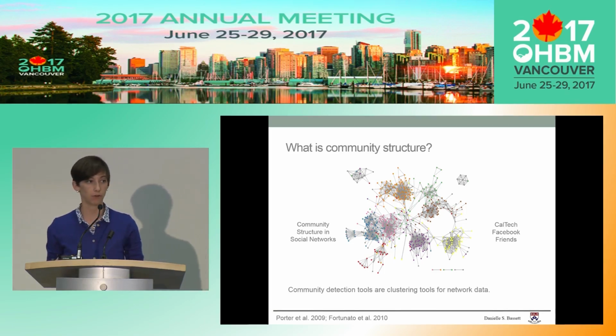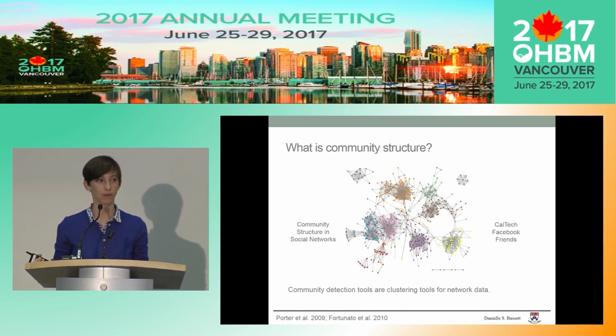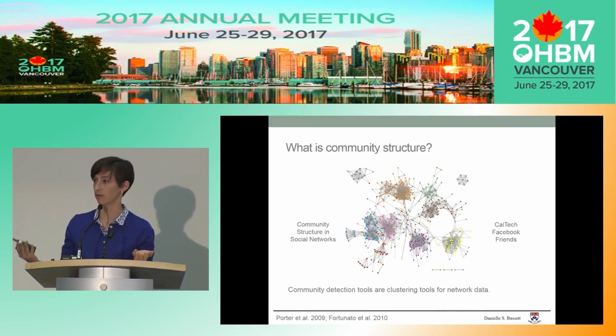So why wouldn't you just use ordinary clustering tools for this problem? Well, the reason is that networks actually have very interesting structure often that's different from other types of data. And so community detection tools are tuned to optimize their detection procedures on the kind of data that networks are. So that's why you would do that.